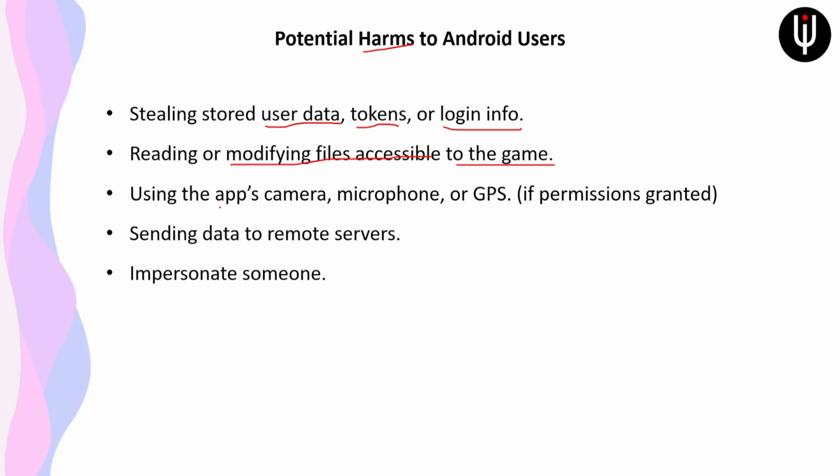Next, if your app is asking for camera or microphone or any other permission, the attacker can misuse that permission. They can also send data to a remote server and impersonate someone. That means if you ask for contact permission, he can take all the contact info and misuse the data.